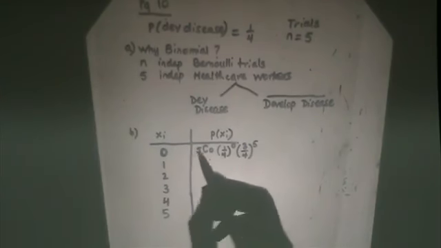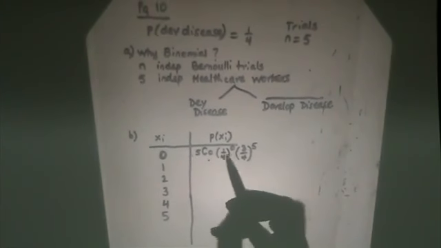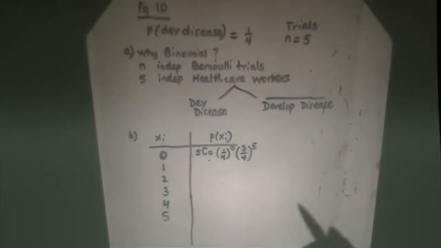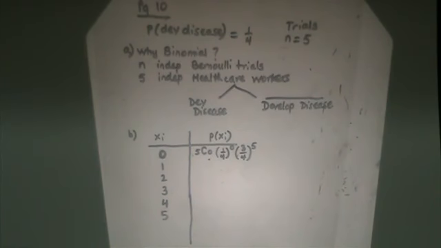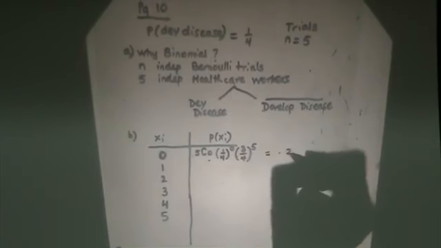So this 5 choose 0 is 1. 1/4 to the 0 is also 1. So your answer is just 0.75 raised to the 5th power. So this would be 0.2373. Agree?